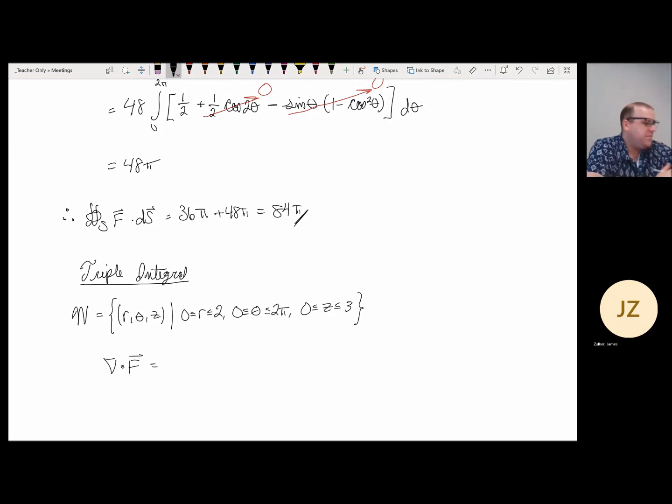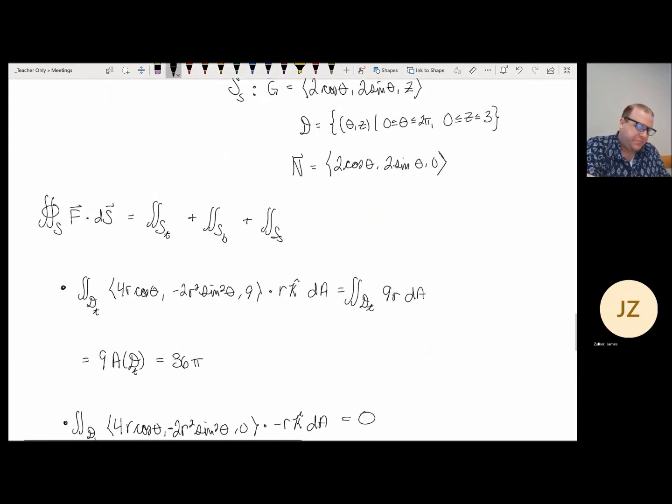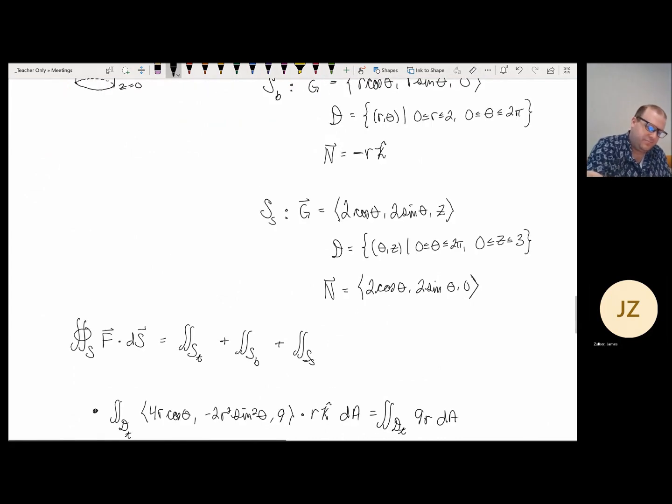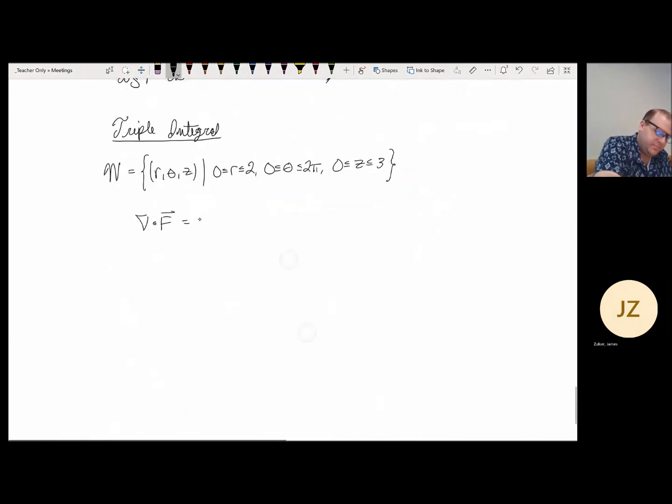Divergence of f is 4 minus 4y plus 2z. Since we're doing it as a cylindrical integral, write that in cylindrical coordinates.